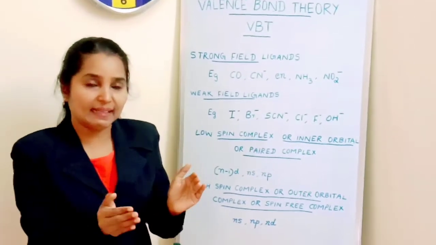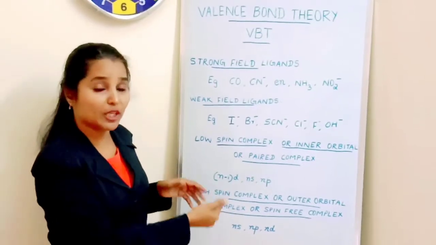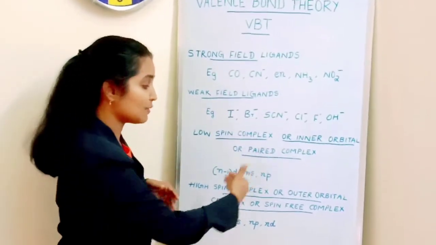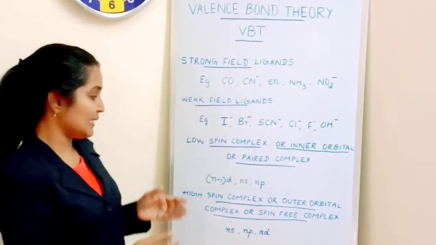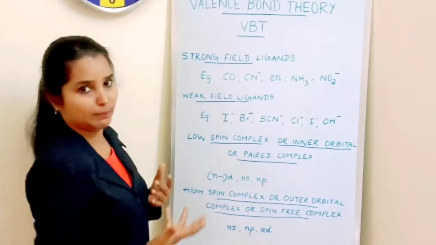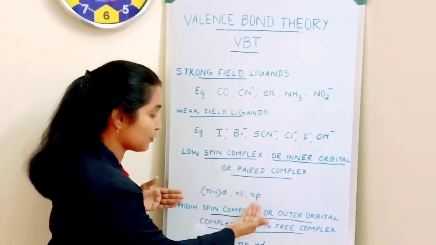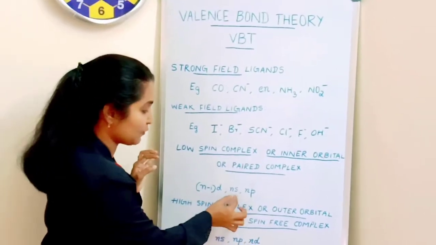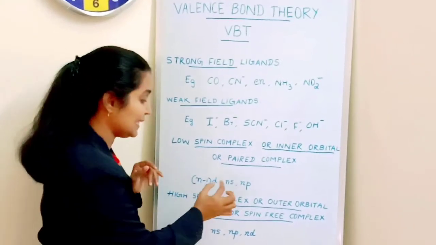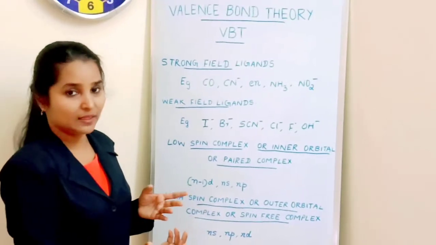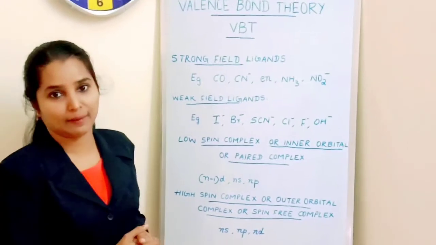When these ligands approach the metal ion, they can occupy the (n-1)d, ns, np orbitals or the ns, np, nd orbitals of the metal ion. If it is placed in the (n-1)d, ns, np orbitals, like 3d, 4s, 4p (n-1 is 4 minus 1, which is 3), we call it a low spin complex, inner orbital complex or paired complex.